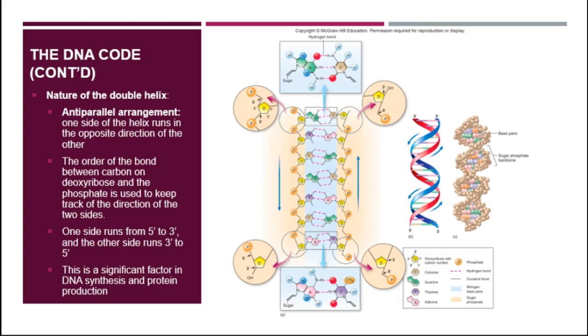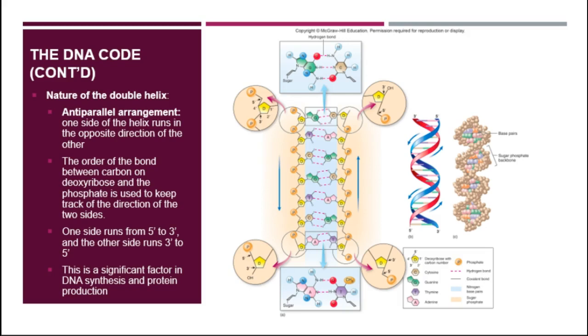The DNA double helix is said to be anti-parallel, and this means that one side of the helix runs in the opposite direction of the other. So the order of the bonds between carbon on deoxyribose and the phosphate is used to help us keep track of the direction.